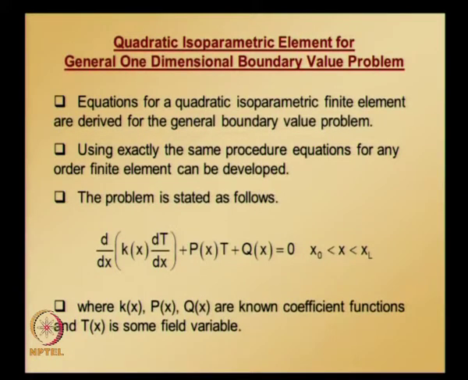We have derived element equations using 2 node linear element for the same general one dimensional boundary value problem earlier, and we need to solve this problem subjected to boundary conditions.